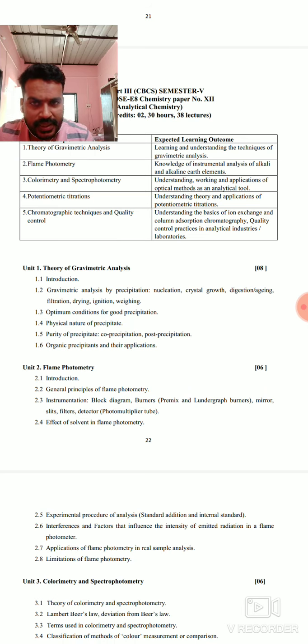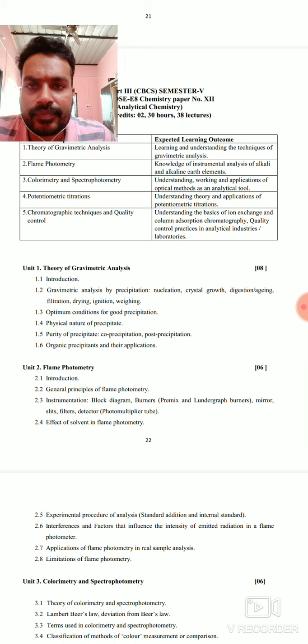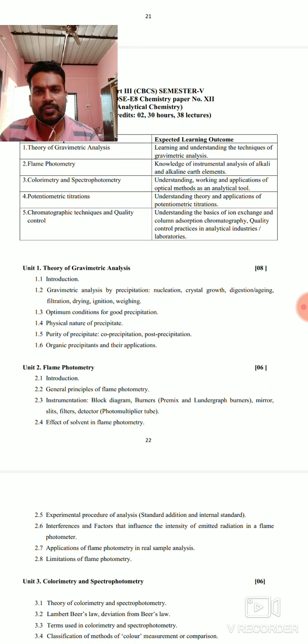Flame photometry is an analytical technique which is used for both purposes, qualitative as well as quantitative analysis. The expected learning outcome of flame photometry is knowledge of instrumental analysis of alkali and alkaline earth elements.